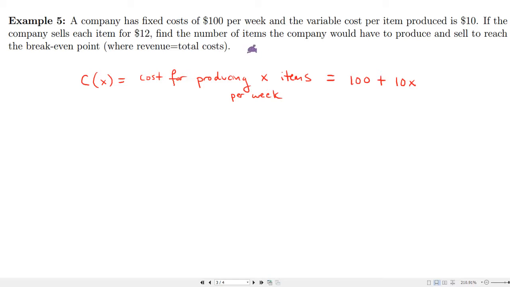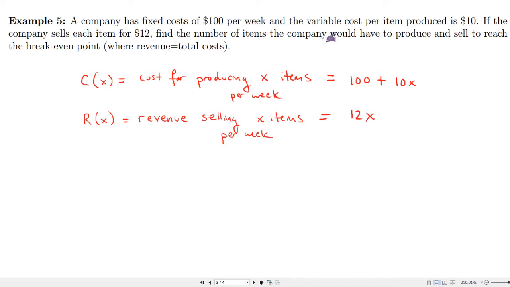And then what would the revenue be? Well, anytime that one of those items is sold, it'll add to the revenue, right? So the revenue selling X items per week would be 12x, right?